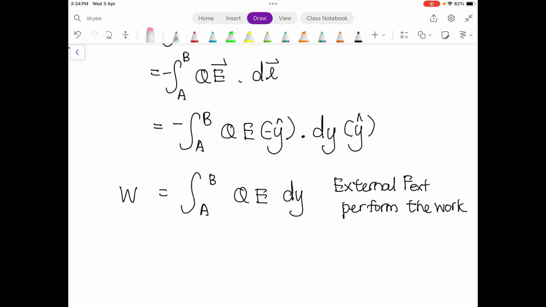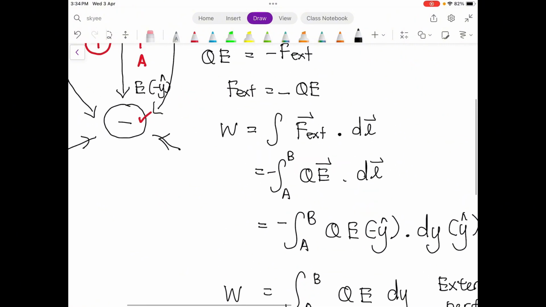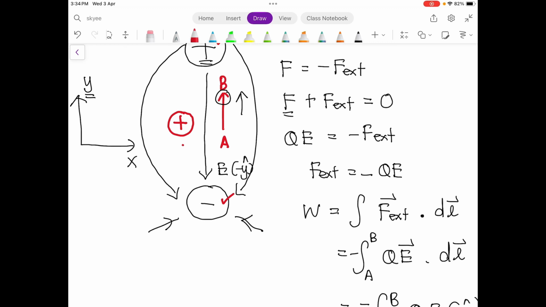If now Q is a negative charge, and you want to move this negative charge from point A to point B, in fact you don't need to apply an external force. By right, the force already pushes this charge in the upward direction.